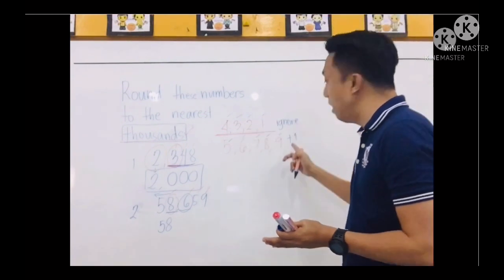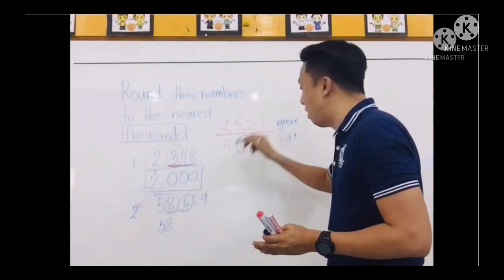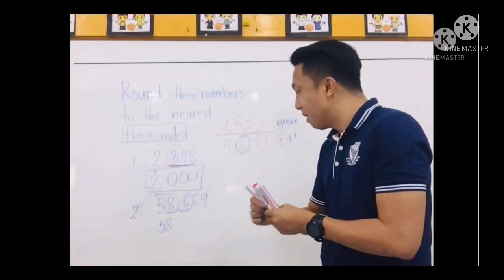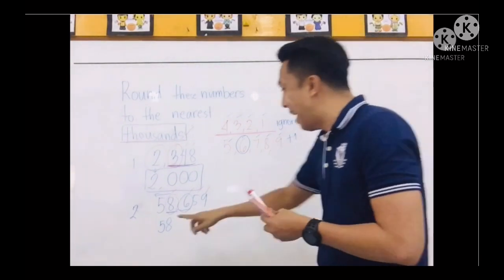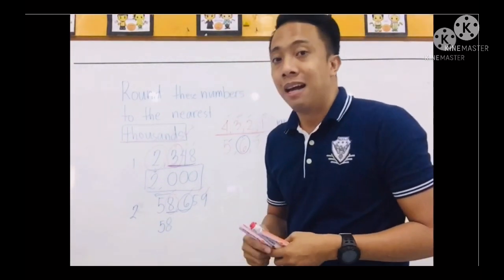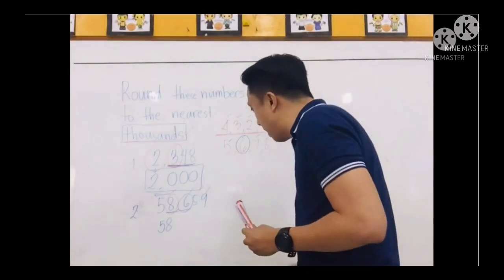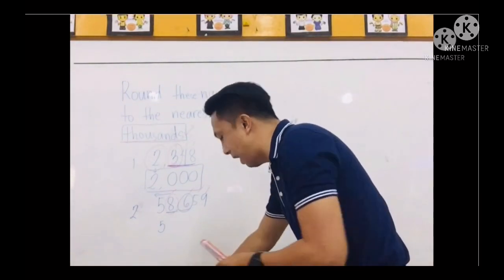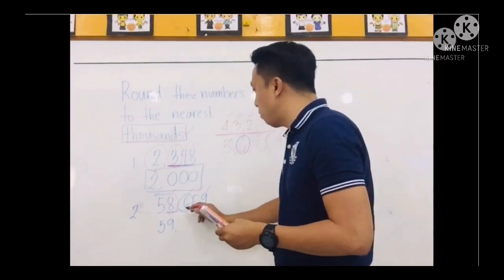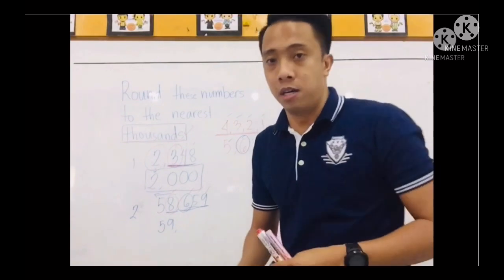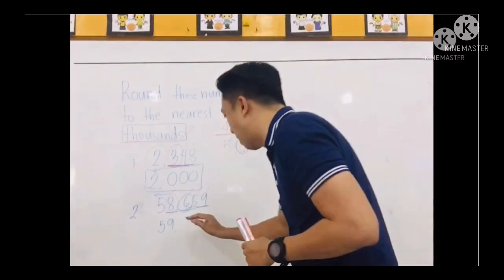Is it ignore or plus 1? Yes, in plus 1. So, since we need to add 1, 8 will become 9. What is 8 plus 1? 8 plus 1 is 9. So, 8 will become 9. And then, what will happen to these 3 numbers on the right side? They will become 0.